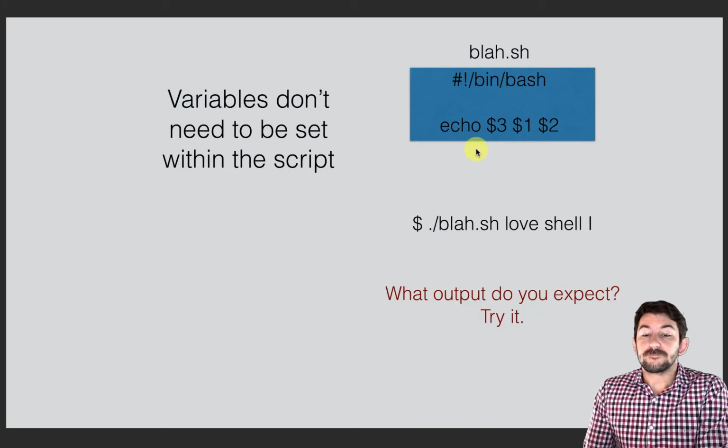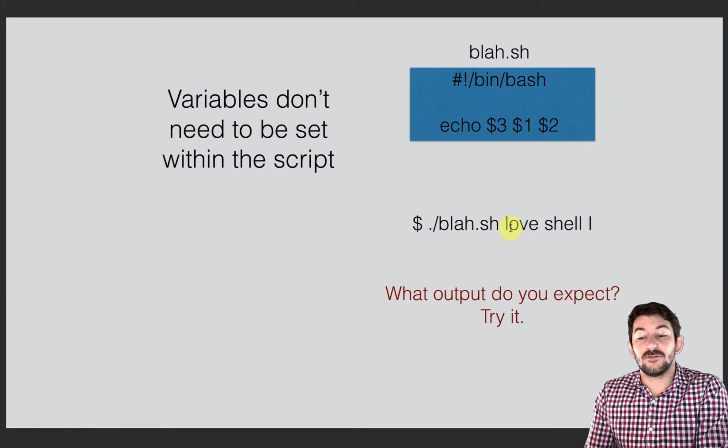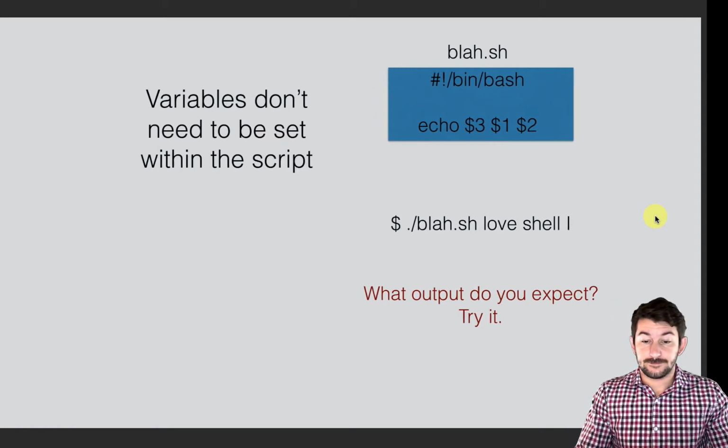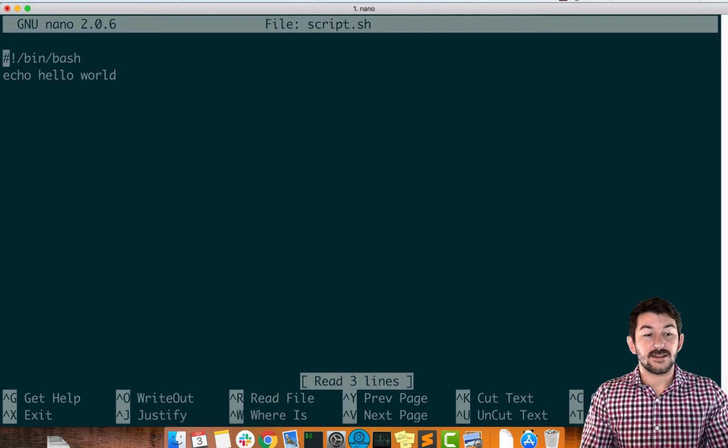So if I wrote a script that had a shebang line and said echo variable 3, 2, 1, and then I executed it by saying ./blah.sh love shell I, what output do you expect? So let's try that. I'll just edit the existing one.